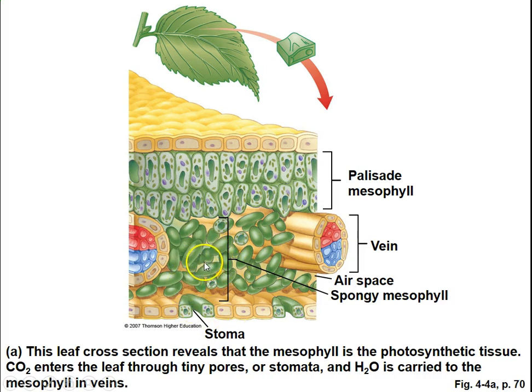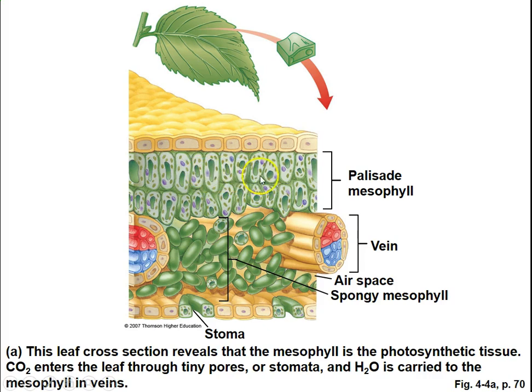Now then, inside the leaf, we see that we've got these cells right here that are colored in green, and these cells up here colored green. These are called the palisade mesophyll, and palisade because it looks like the upright columns that you would have on a palace.